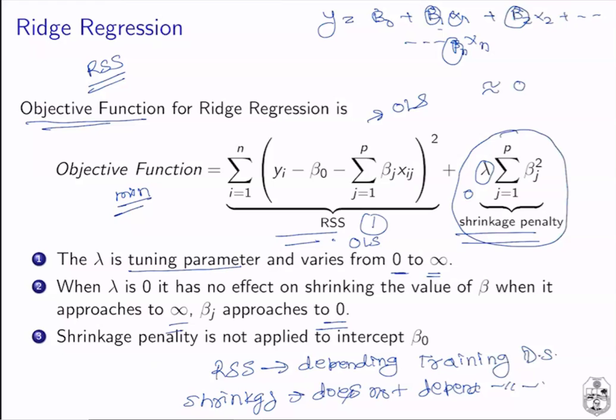And when we use this objective function, our model will perform better on the test dataset, and there will not be much variation between the training MSE and test MSE, and this variation is called the variance.